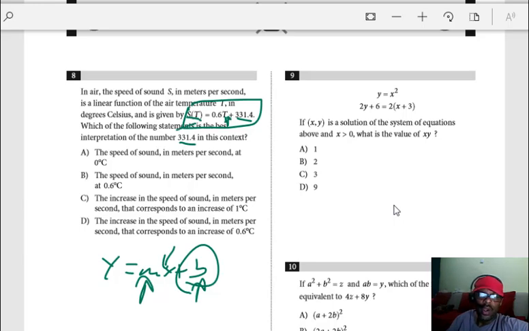If I find the term initial, that will be the choice. If a choice says rate of change, for every change, or each change, that's the choice I'm going to eliminate because it is talking about the slope or gradient. For example, the first one: the speed of sound in meters per second at 0 degrees centigrade works. Definitely this works; the others don't.